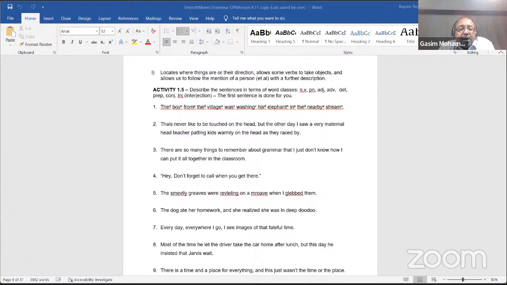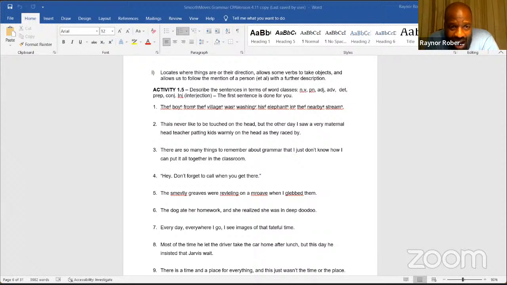"All" is an adjective, or is it describing the "together"? So what is "together"? What do you think? What is "all" and what is "together"? "Together" is modifying what word?